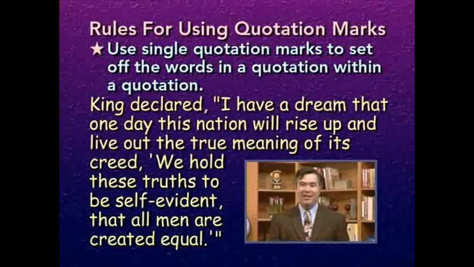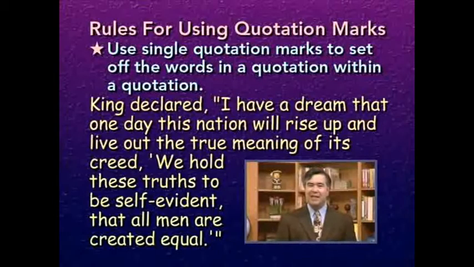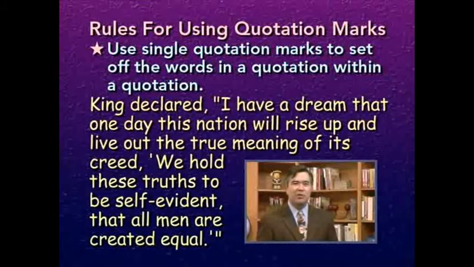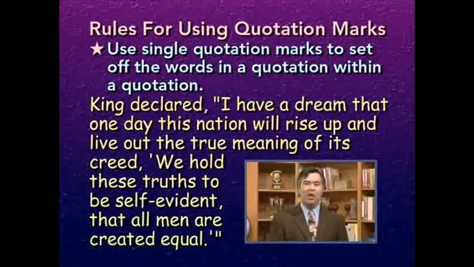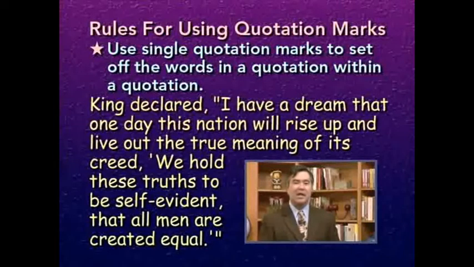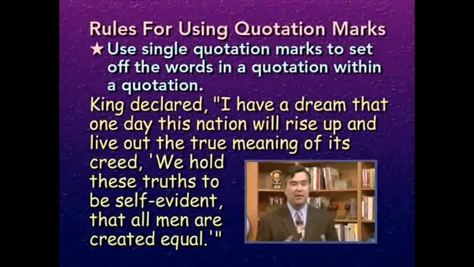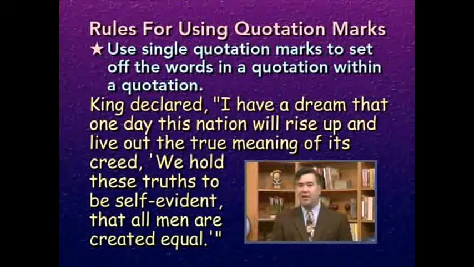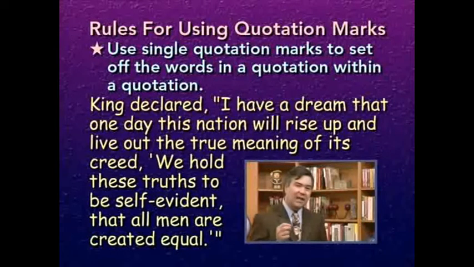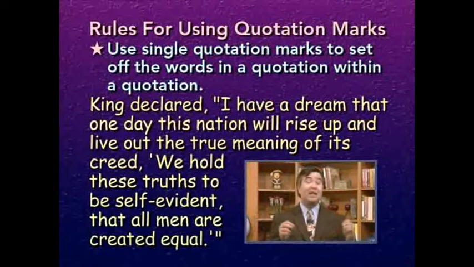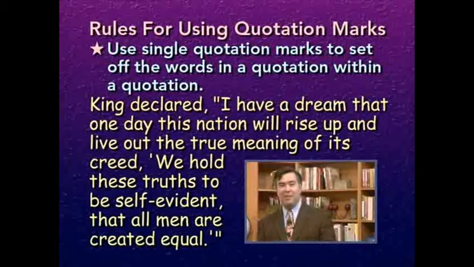King declared, "I have a dream that one day this nation will rise up and live out the true meaning of its creed: 'We hold these truths to be self-evident, that all men are created equal.'" Okay, we're returning again to the famous speech on civil rights by the great African-American leader, Martin Luther King. And in that speech, Martin Luther King did himself quote other famous words.